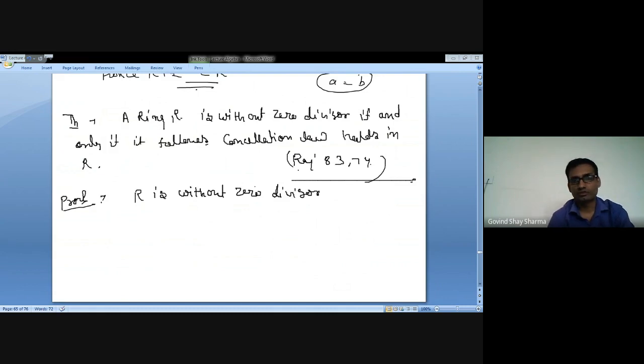That means AB is equal to zero implies A is equal to zero or B is zero, or both are zero.